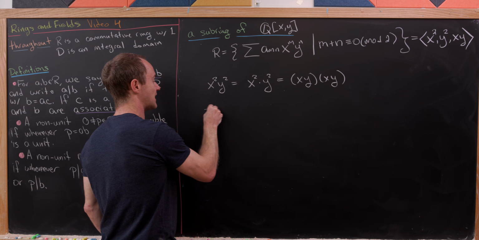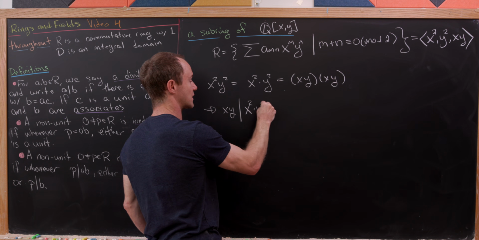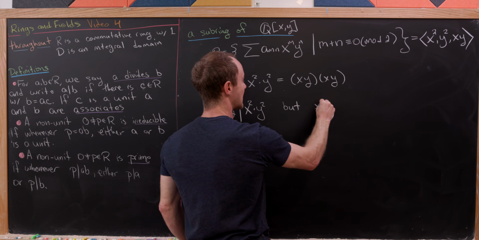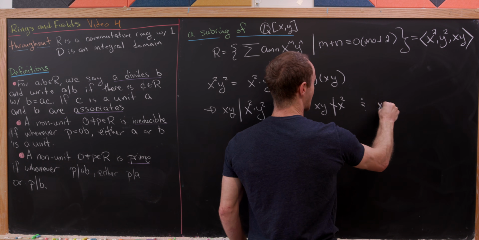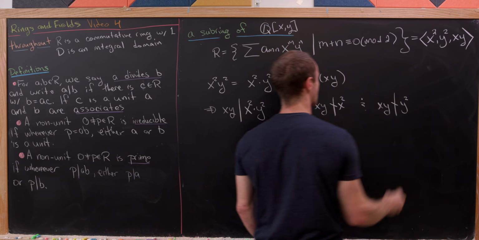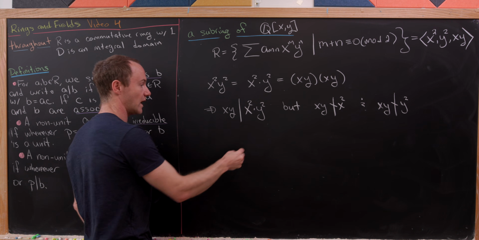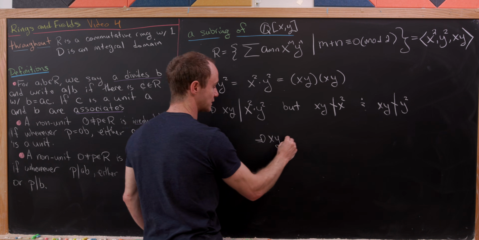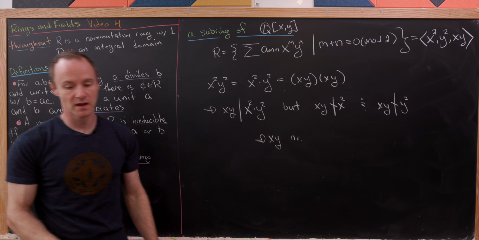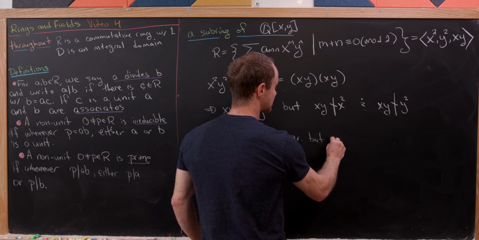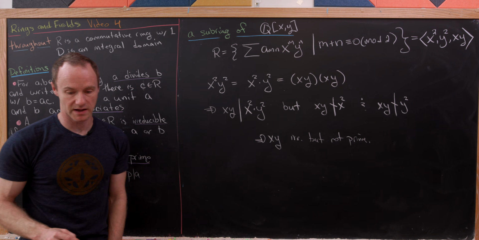Well, x times y divides this product x squared times y squared, but x times y does not divide x squared, and x times y does not divide y squared. I think that's pretty clear. So that means that x times y is irreducible. I guess we didn't prove carefully that it's irreducible, I'll leave that to you, but not prime. So there's our other example of irreducible but not prime.